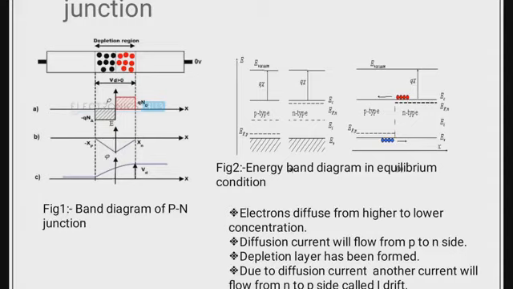In the p-type material, the Fermi energy is shown just above the valence band, because in p-type semiconductor we have added some acceptor kind of impurity. That is why the position of the Fermi energy level is just above the valence band.